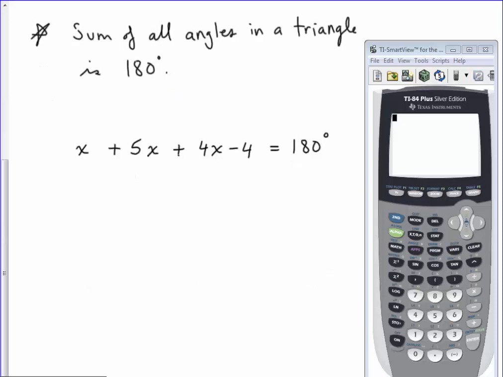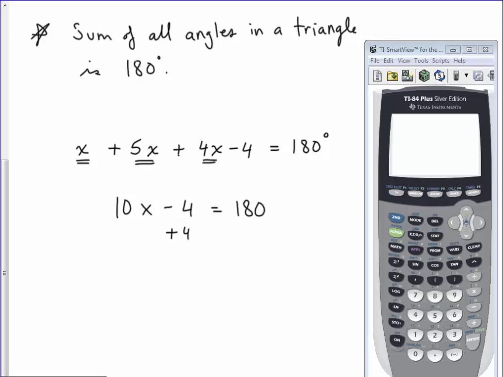In solving, the first thing I would do is collect my like terms that are on the same side. So we have x plus 5x, which would be 6x, plus 4x, which would be 10x. And we'd still have the minus 4 and the 180. For now, I'll drop the degree symbol. I'll put that back on my answer at the end.